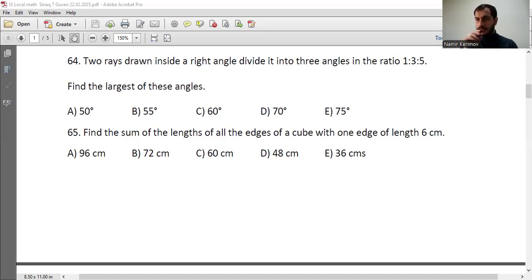We know that the sum of those 3 angles should be 90 degrees. So x plus 3x plus 5x should be 90. So 9x equals 90. x should be 10. So this angle is 10, that one 30, and that one 50. We should find the largest one. A is the answer, 50.